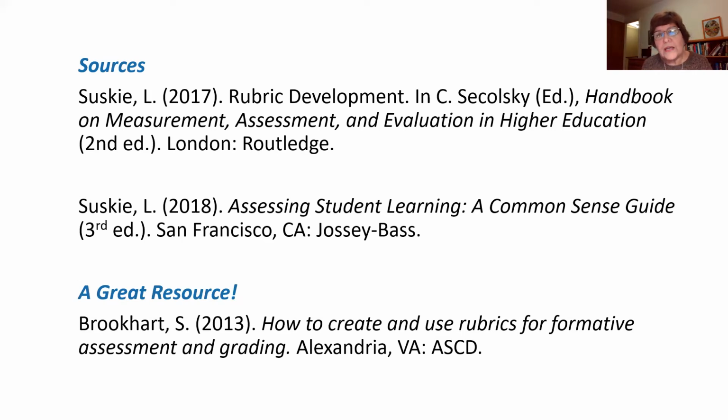And then out of all the experts that I read, the one that really convinced me to mend my ways was Susan Brookhart. And this is the book. It's written for K-12, but it really applies to higher education. I used to say that rubrics have no rules. She convinced me that yes, rubrics do have rules, like using those observable behavioral terms, starting with the minimally adequate column, things like that.